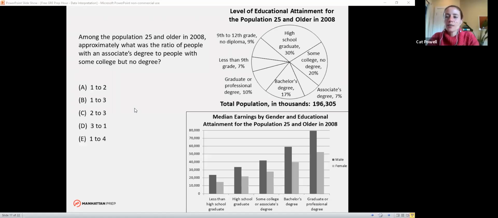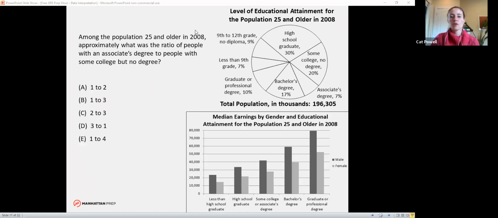Which graph do we need to use here? The top graph, the circle graph, or the bottom graph, the bar graph? Yep, exactly. So we look at this question, we say, okay, we want the ratio of people with an associate's degree to the ratio of people with some college and no degree.